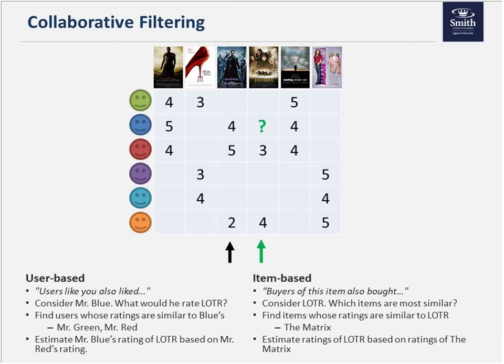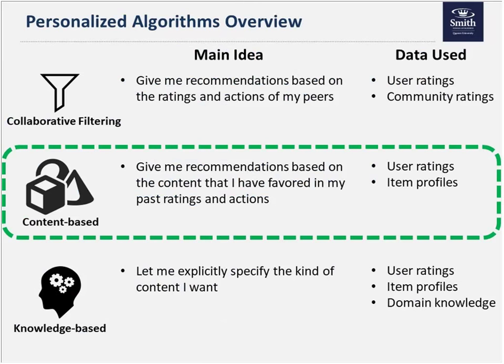So then it'll say, okay, I know that people who like The Matrix didn't like Lord of the Rings, and I know Mr. Blue liked The Matrix, so I'm going to predict that he didn't like Lord of the Rings, and so on. And again, the actual math under the hood is more complicated than that, but that's the main idea. Okay, so that's collaborative filtering.